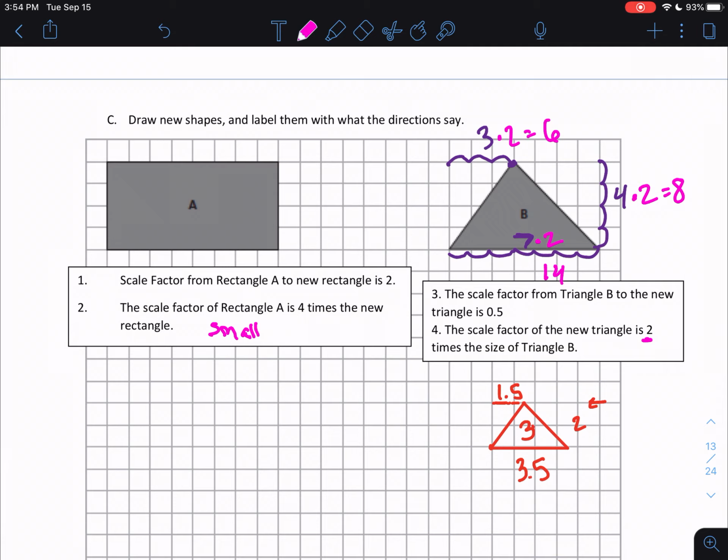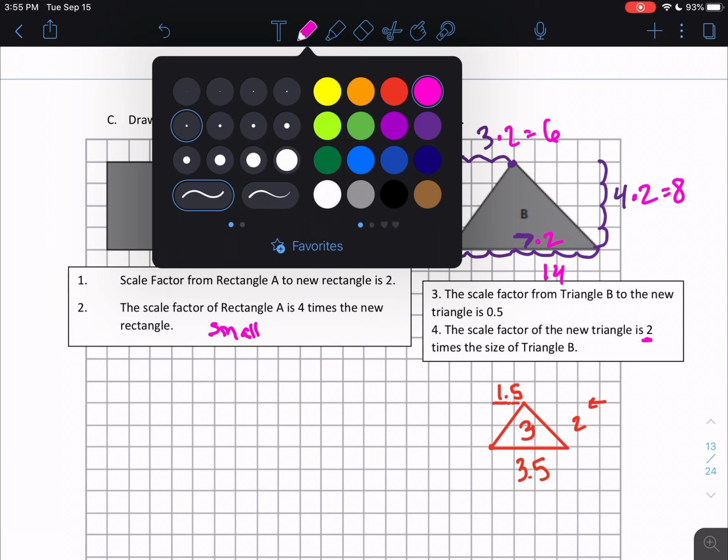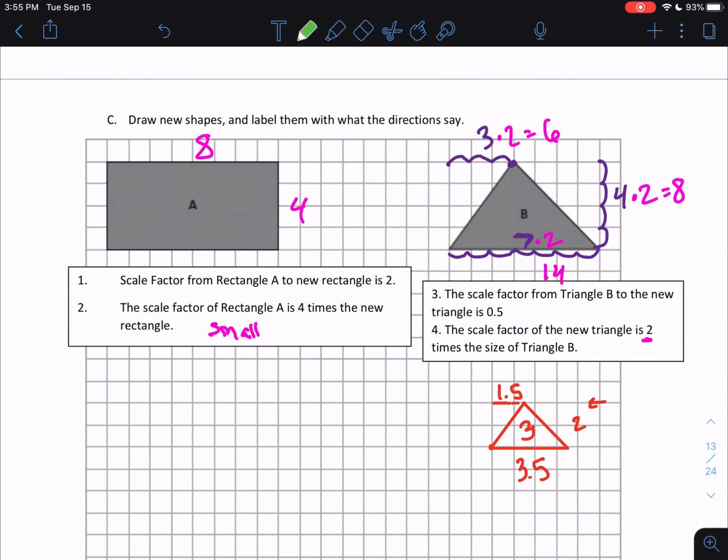Okay, we're back. So hopefully I'm just going to write some labels on here. Your first rectangle, so your scale factor of 2 should have been an 8 by 16 rectangle. So 1, 2, 3, 4, 5, 6, 7, 8, 9, 10, 11, 12, 13, 14, 15, 16. I feel like I miscounted. Oh, it didn't save. That's okay.